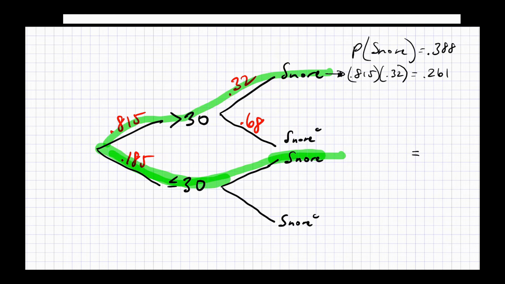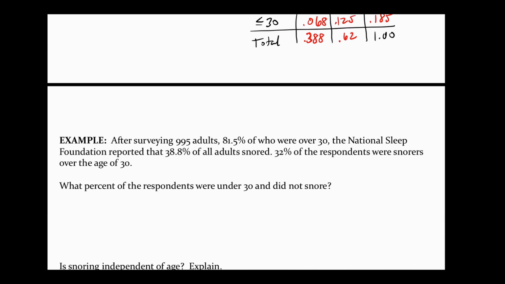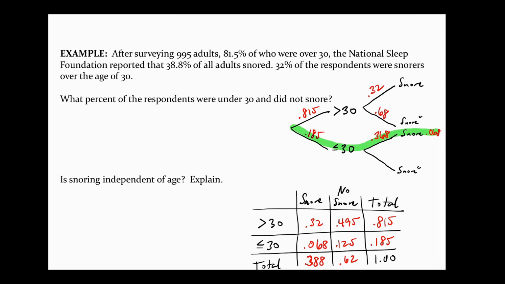So I go 0.388 minus 0.261, and I get 0.127. Wait, that's not the right one, though, is it? Is that what we said earlier? No. So where did I go wrong here? Where are my numbers off?